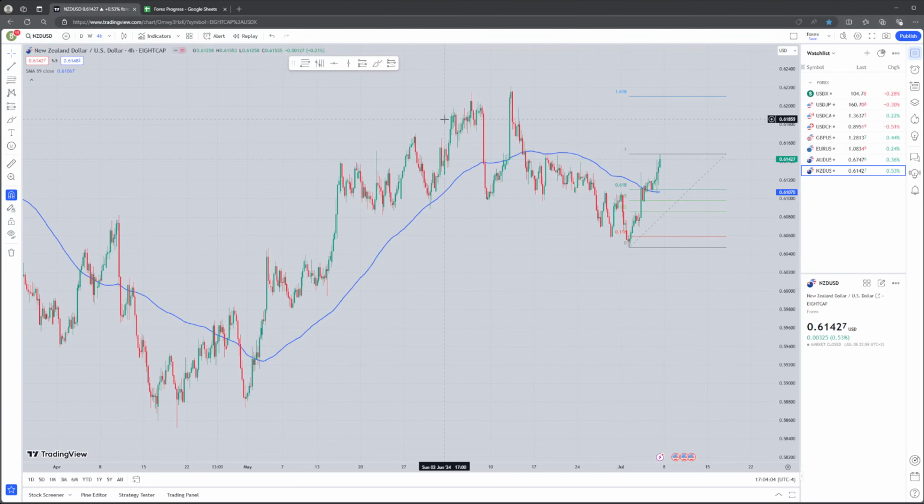Okay, New Zealand dollar USD here. So we have a downtrend like this, and you see we have a lot of candles below the blue moving average line. Now the market is retracing. We see this breakthrough is not considered a trend reversal because the size of this breakthrough is not that big.